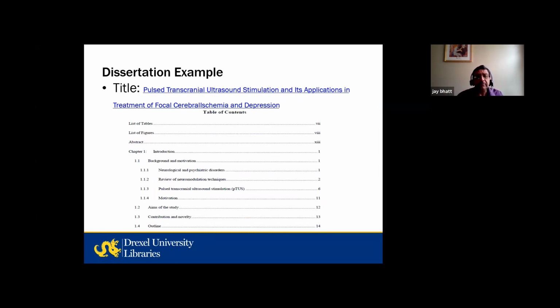Here you can see a sample screenshot, listing of tables, figures, abstract, and chapters, and so on. There are a number of chapters, and you will see the acknowledgements section also there.